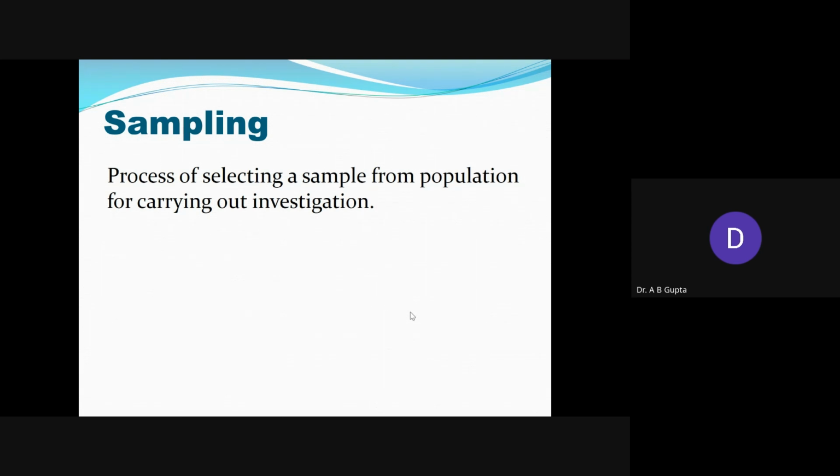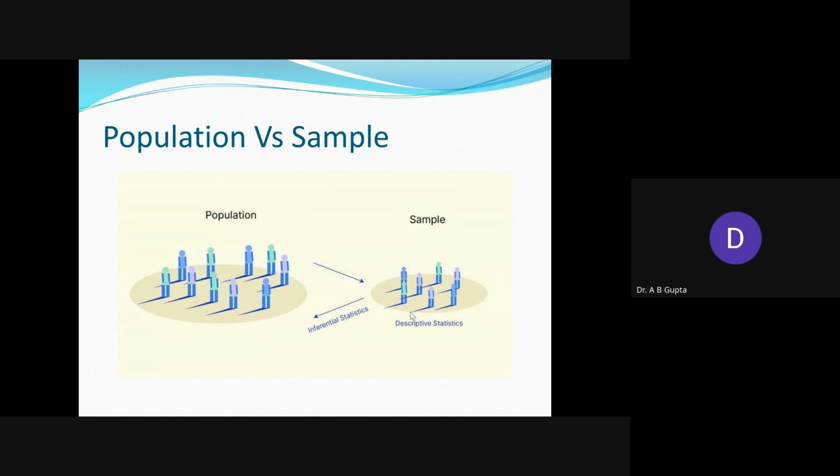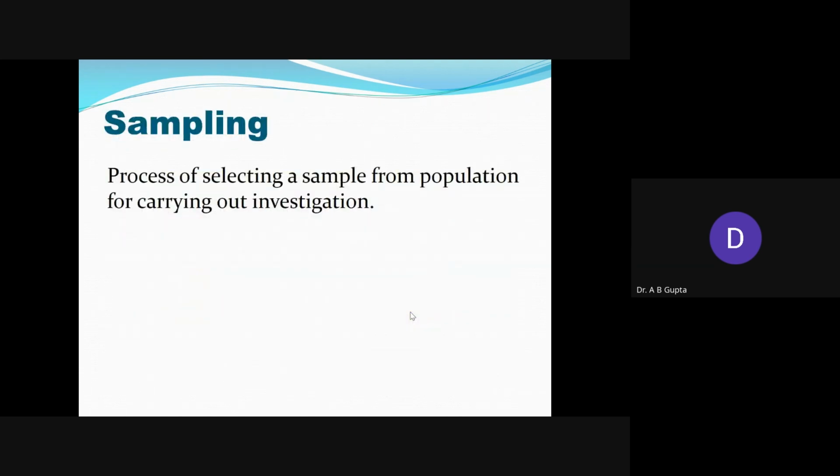So instead of collecting a large amount of data from so many respondents, you think of having a sample. Okay, so you select a sample. So the bigger data set is the population, and out of the population you have a sample to carry out, to collect the data.